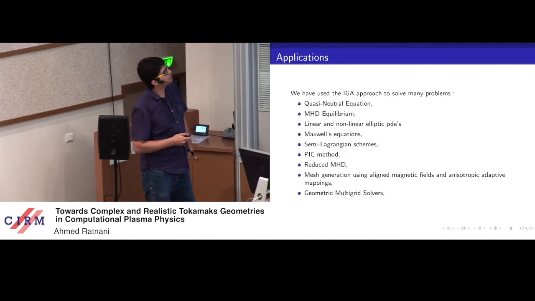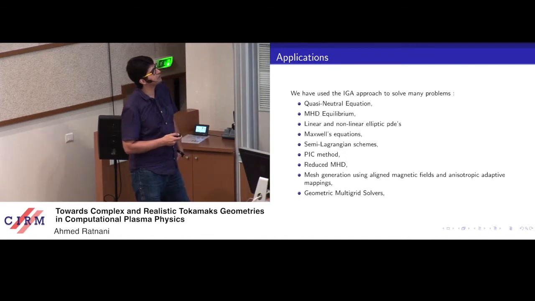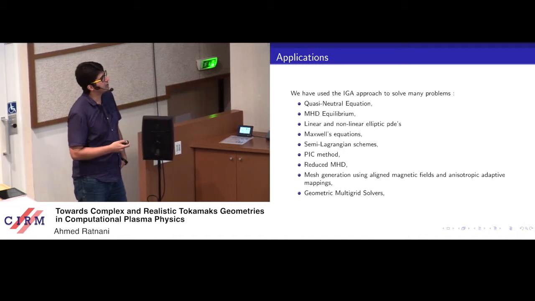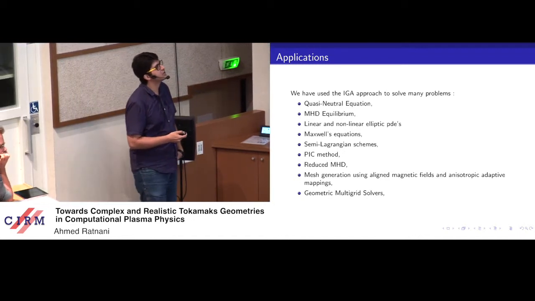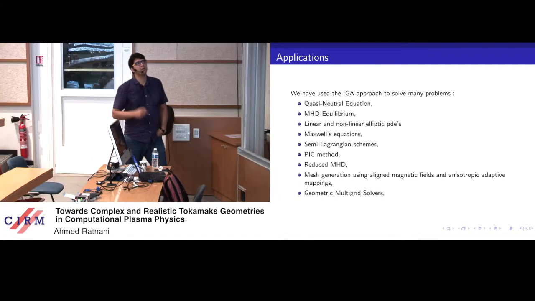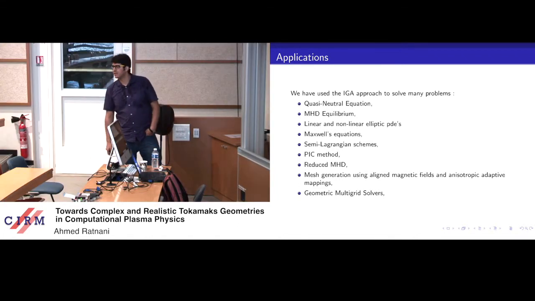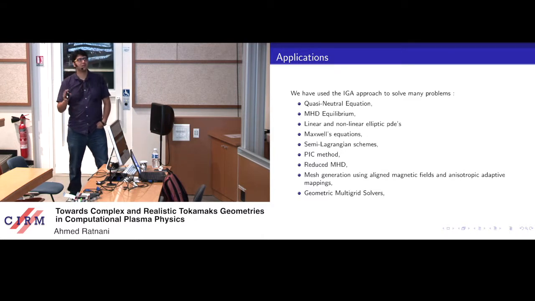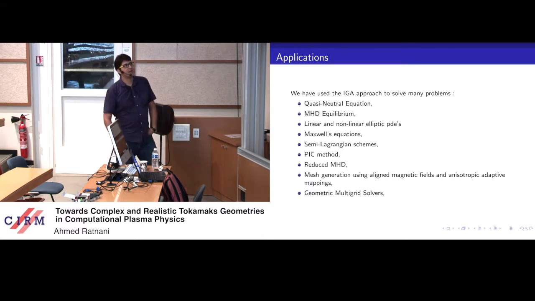This was a project for the CEMRACS of 2010 or 2011. We used a semi-Lagrangian scheme, but on the physical domain. The result was not quite good because the time consumption was very high.